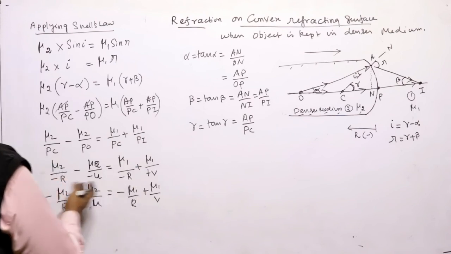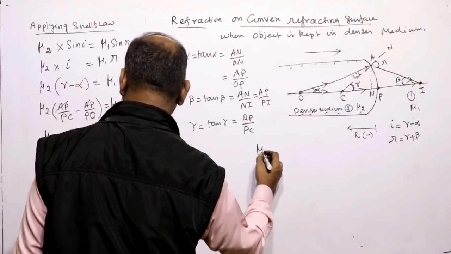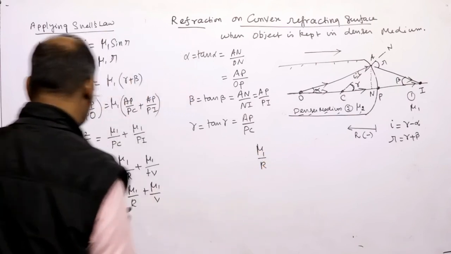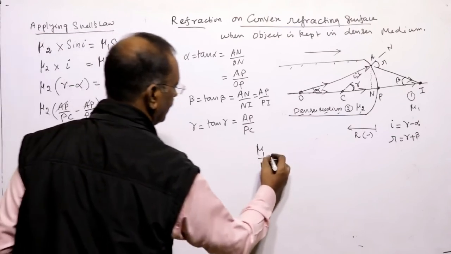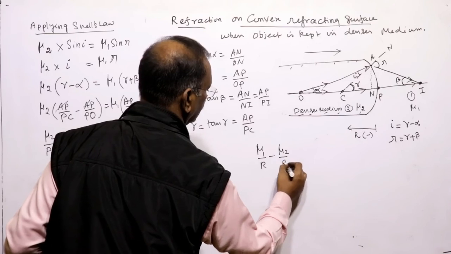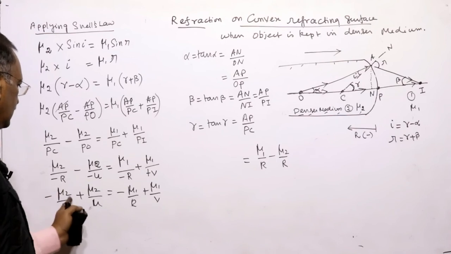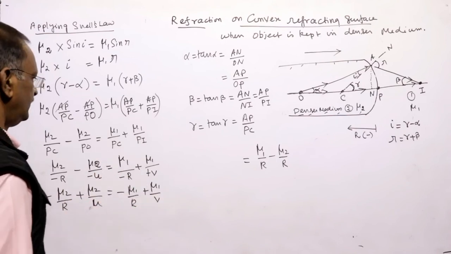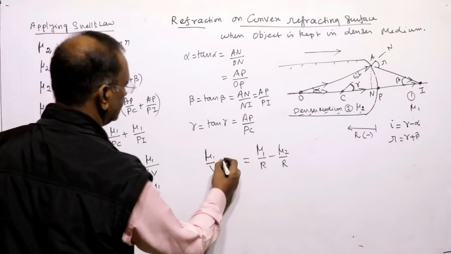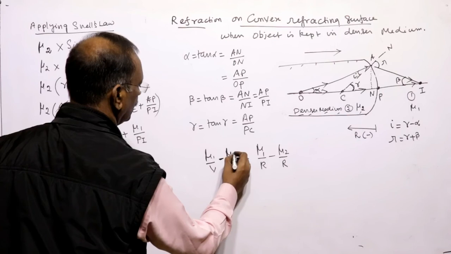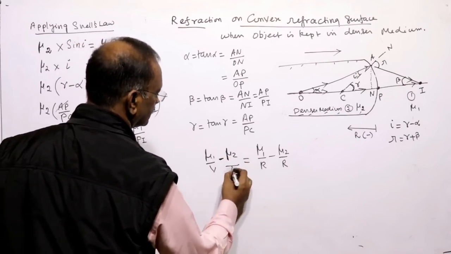Taking mu1 by R to this side it becomes minus, so minus mu2 by R equals, since we took this one to this side, we take this one to that side, mu1 by v, minus mu2 by u.